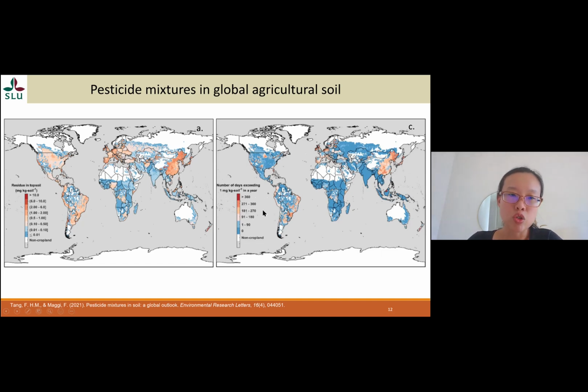If we look at the map and see orangey spots over here, we normally see corresponding orangey spots on the other maps, but it is not always the case. Europe in general has quite an orangey color, so the average concentration in European soil is normally above 1 milligram per kilogram of soil.